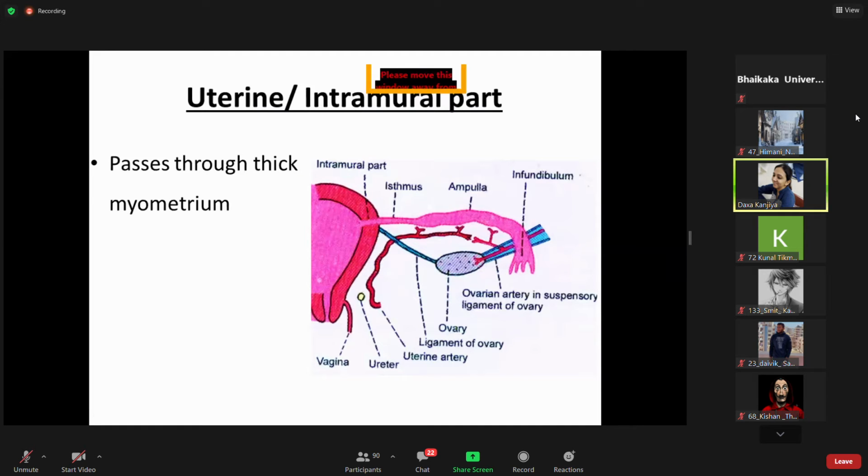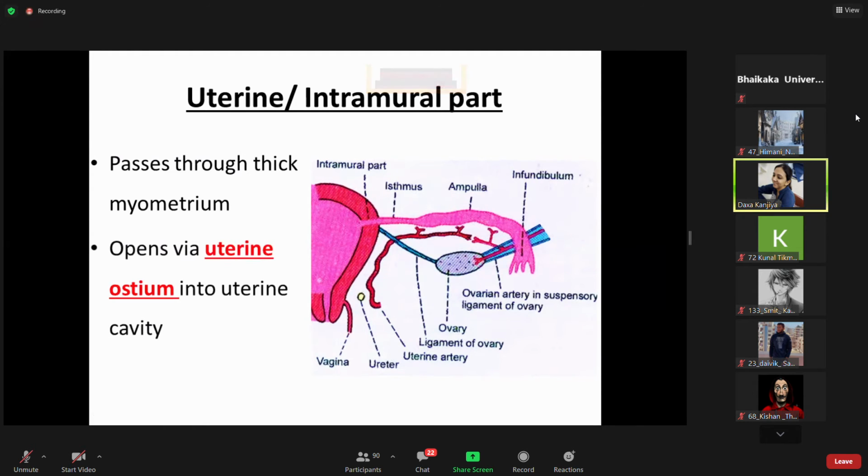And the last one is the intramural part, the part which enters into the myometrium or the muscular wall of the uterus, that is called the intramural or the uterine part. It opens via the uterine ostium into the uterine cavity. So the uterine tube, medially it communicates with the uterine cavity, and laterally it opens into the peritoneal cavity.